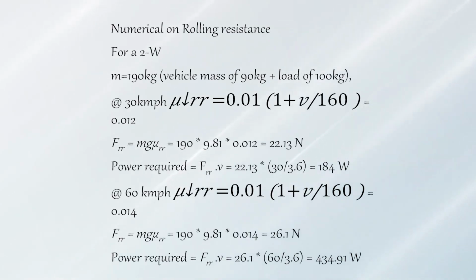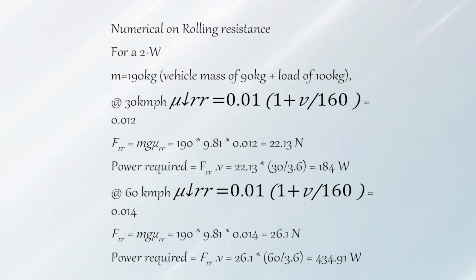So, what is rolling resistance? It is the force that is required to overcome the friction occurring on the wheels, or the deformation. What the rolling resistance depends on is what we have already seen. It is given by m g mu r r. So, what is m? The mass of the vehicle.